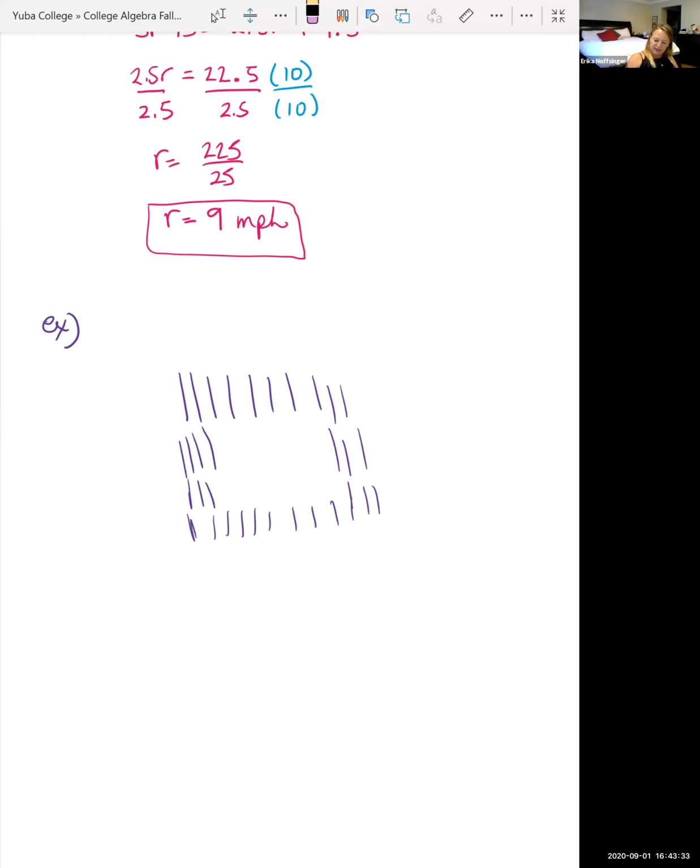So we know that this length in here is 3 feet, right? We know that this width right there is 3 feet. 3 feet. 3 feet.